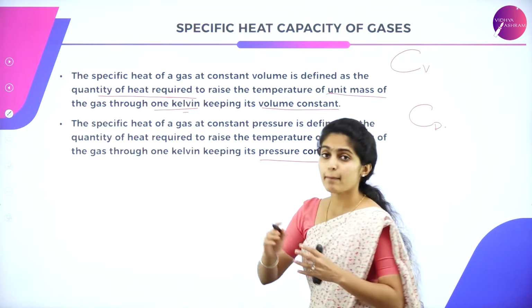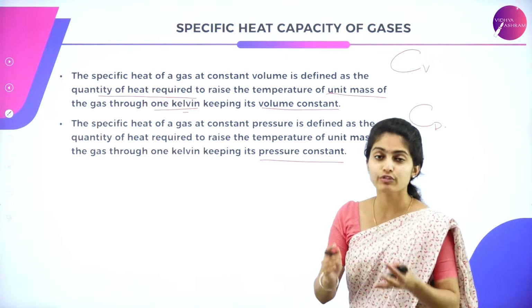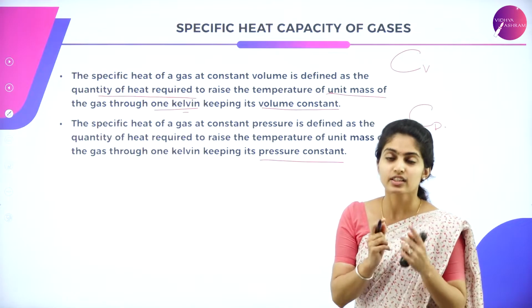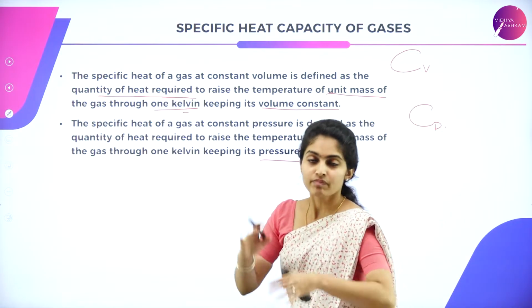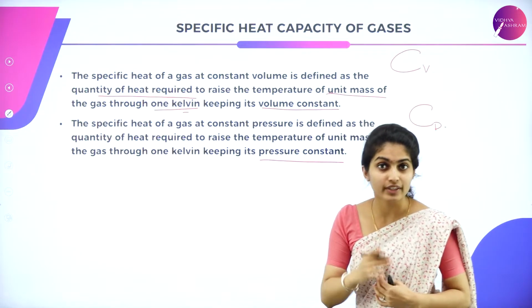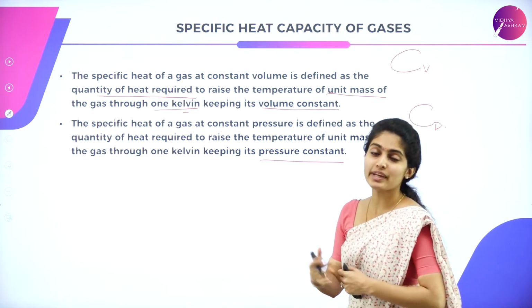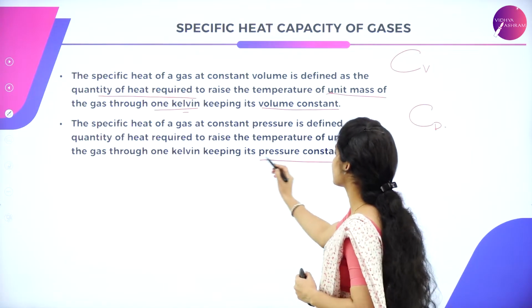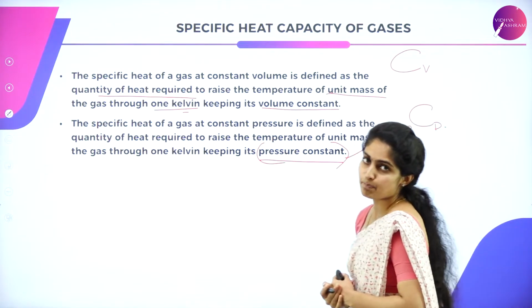Therefore, it is the amount of heat required to raise the temperature of unit mass of a gas by 1 Kelvin, keeping volume constant. If the same definition is applied while keeping the pressure constant, then it is said to be specific heat capacity at constant pressure, which is given by Cp.